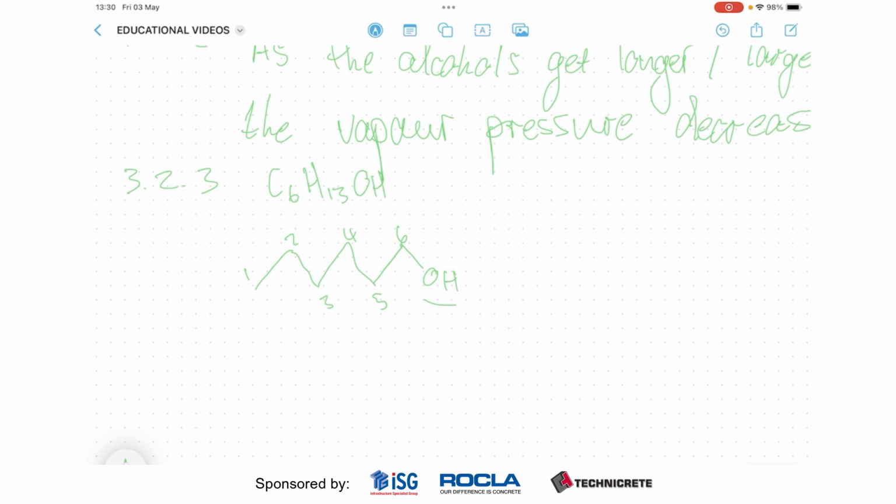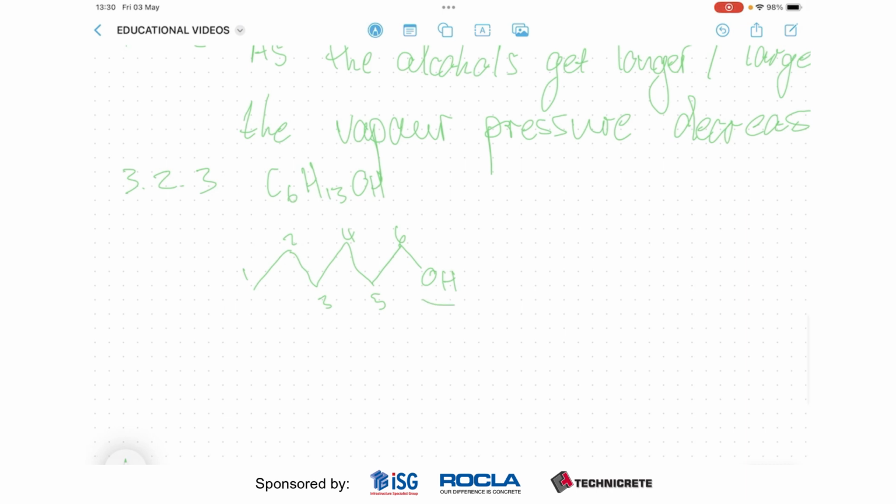We can see that the stem for this is hex because we have 6 carbons and it's an alcohol, so we know the functional group is -ol. And we've assumed it's at the end, so you can say 1-hexanol, or you can say hex-1-ol. All of these work. And if you really want to get technical, you can also just say isohexanol.